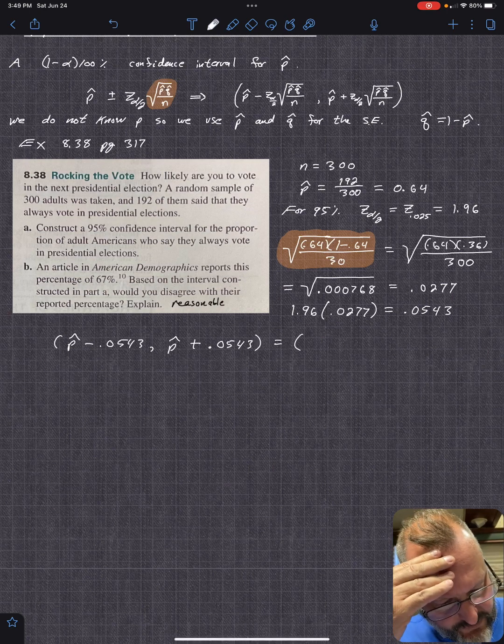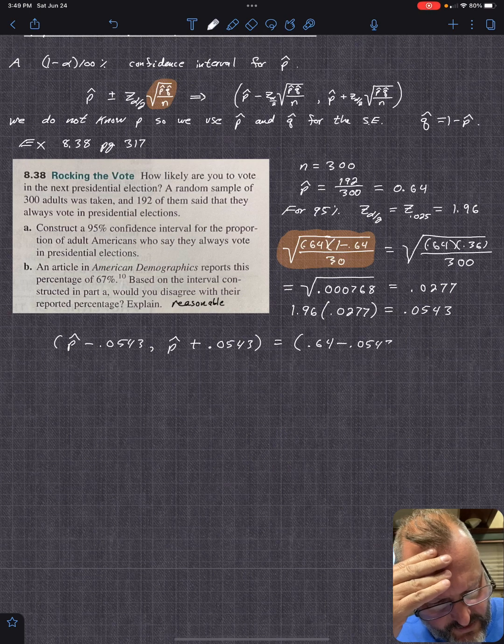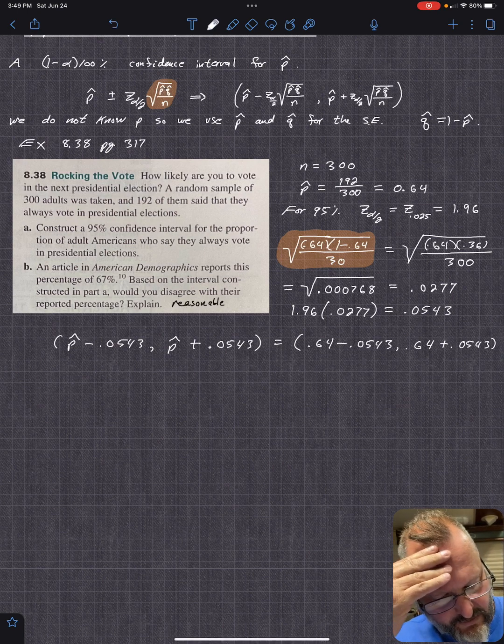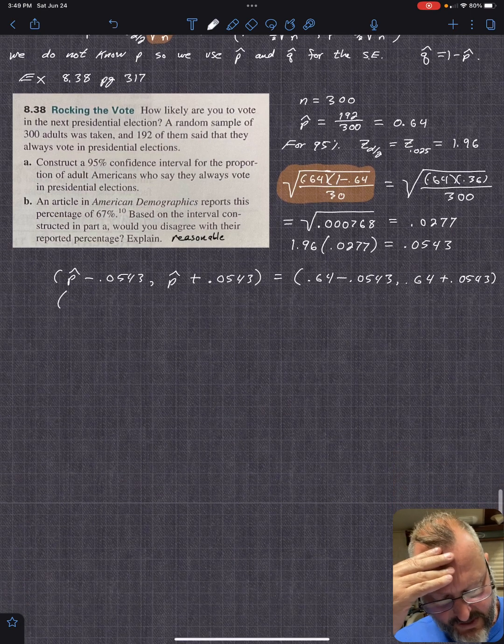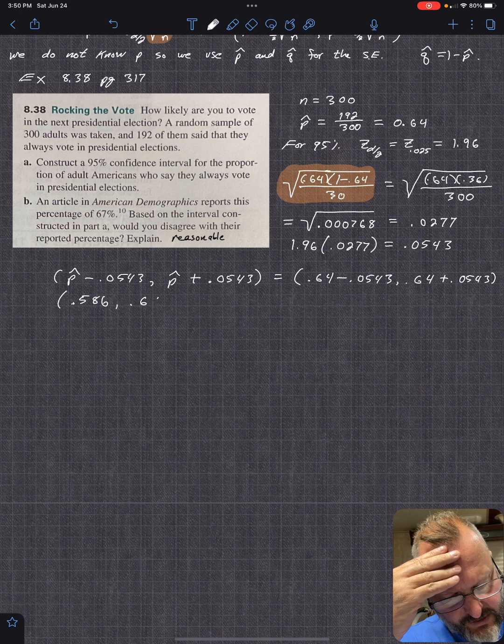That's 0.64, which we calculated earlier, minus 0.0543 to 0.64 plus 0.0543. Calculate that, and your confidence interval is 0.586 to 0.694.